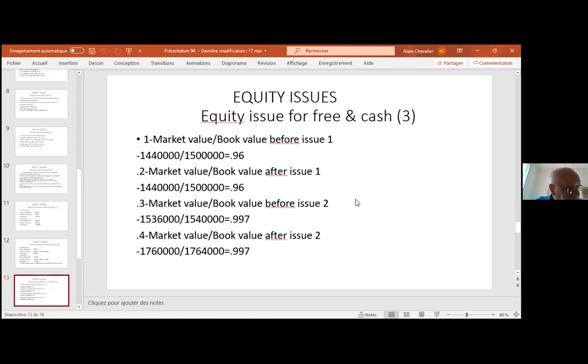Because if you invest the new cash in profitable projects, this will increase the cash flows, increase the net present value of future cash flows, and should increase the market value, which is not taken into account in that kind of calculation.